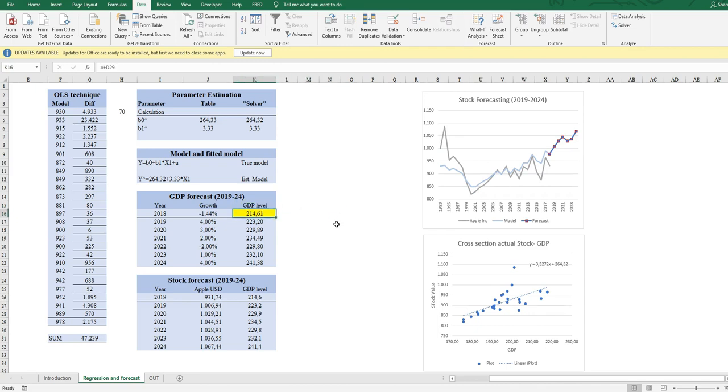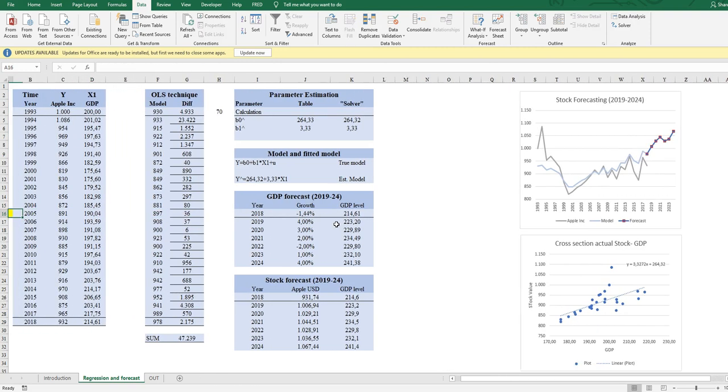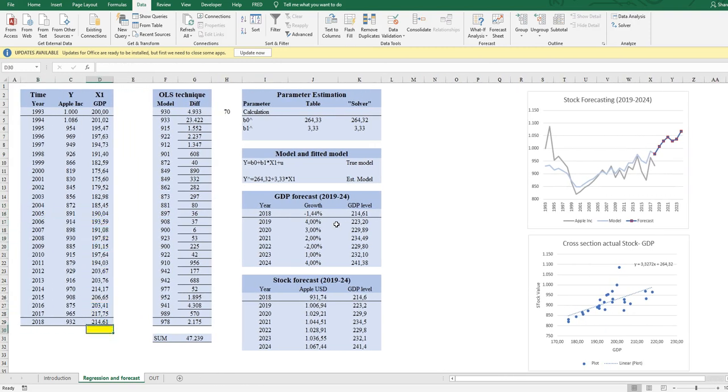When we use cross-sectional analysis or fundamental analysis in this way, we need to have a prediction on the GDP level next year. So this year we know it's 214.61, which was the last GDP level down here.